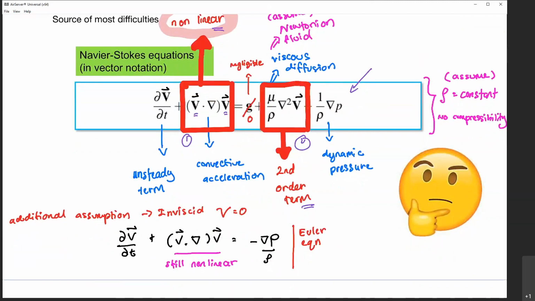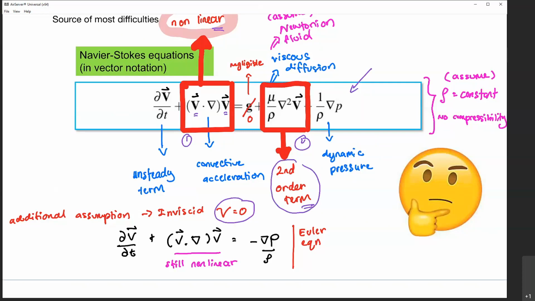Another assumption that we can make along the way is that the fluid is inviscid, meaning the viscosity of the fluid can be assumed to be zero. When that happens, we can remove the viscous term, which is this part here.